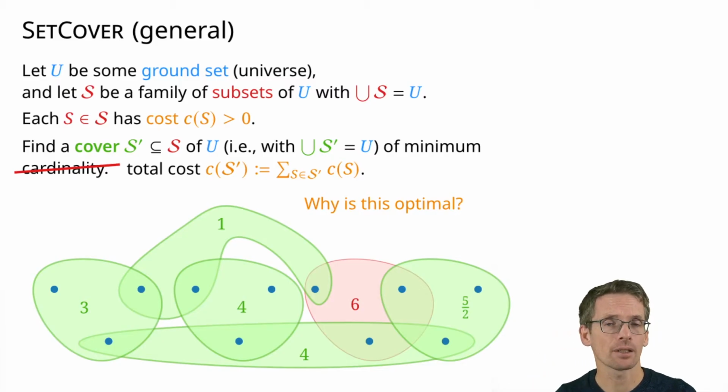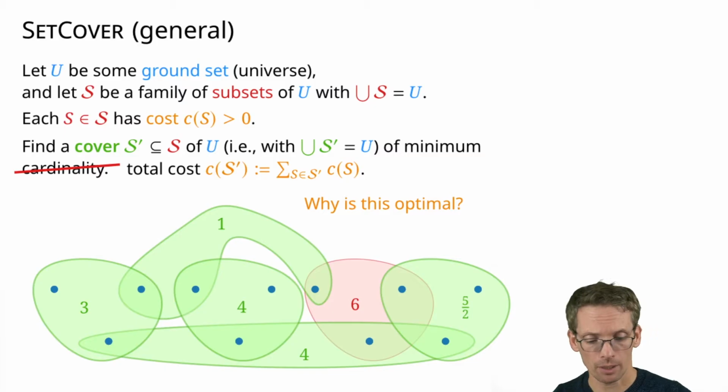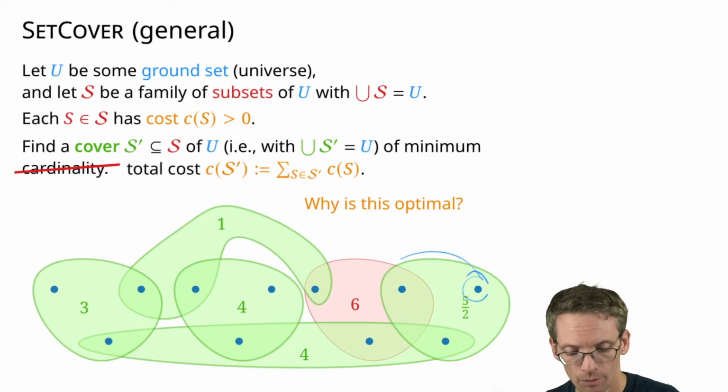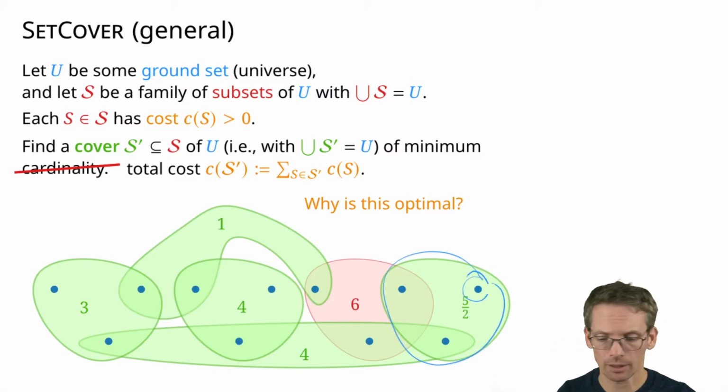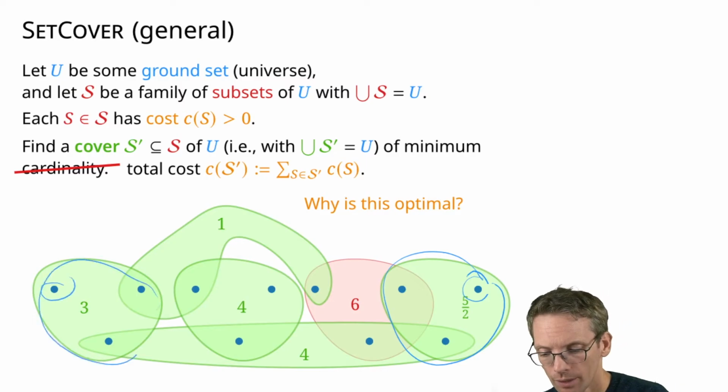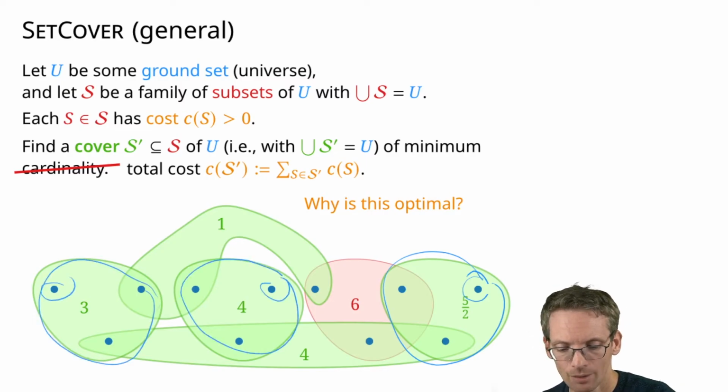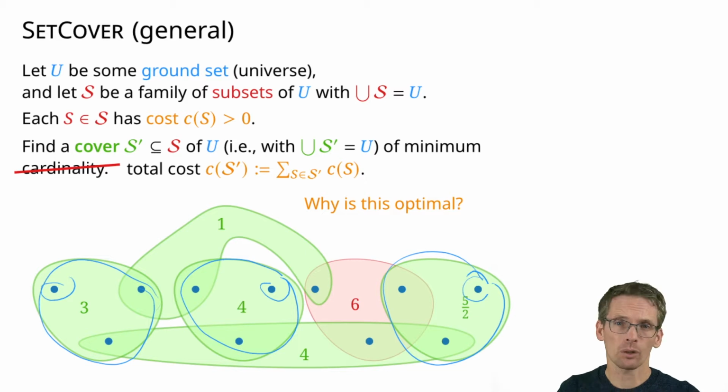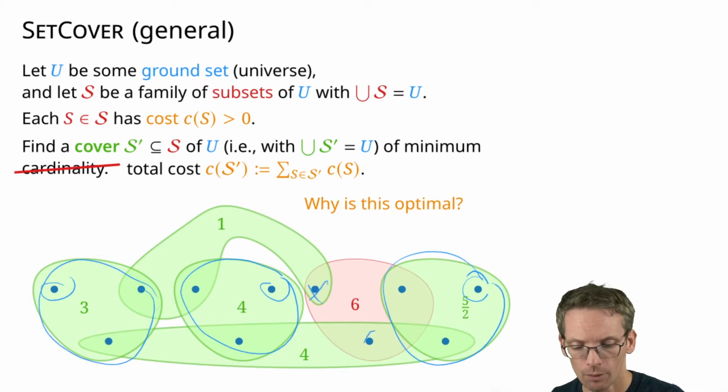How can we see that this is an optimal cover in this example? So that is quite simple. There are certain points that are only covered by one set. So this point, for instance, is only covered by that set. So we'll have to select that set. Likewise, this point and that set, this point and that set. So essentially, the only question is, how do we cover those 2 points?